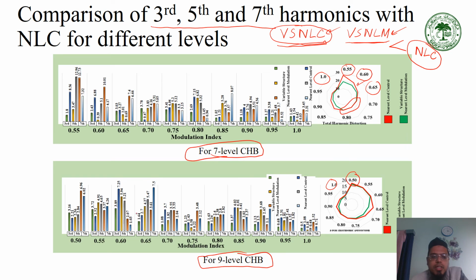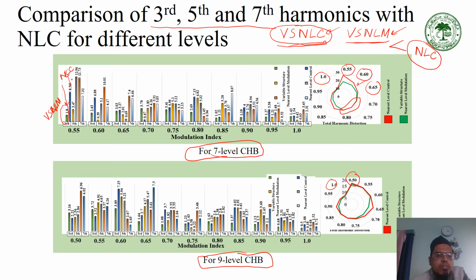1, it is less. And interesting thing is that you see these bar graphs, they tell these two, this and this. This one is for VSNLC, or NLM, whatever you call it, and this is for NLC.